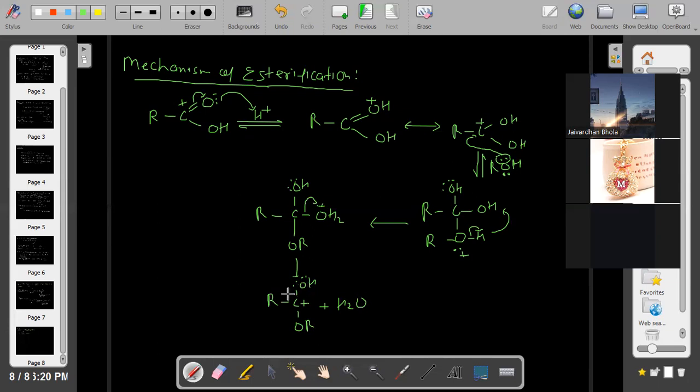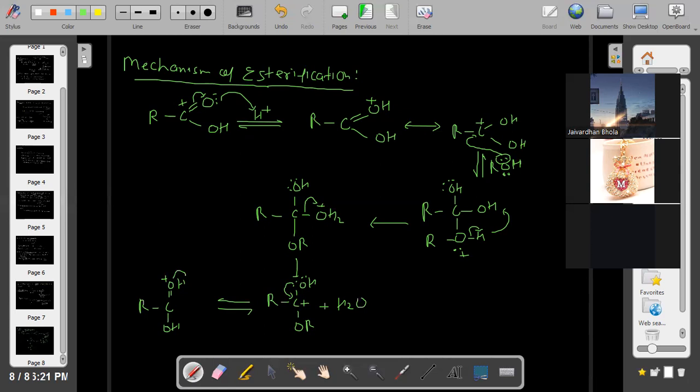Next, this is stabilized. This carbocation is stabilized as electrons come here by resonance. You will get RC with OH and OR.